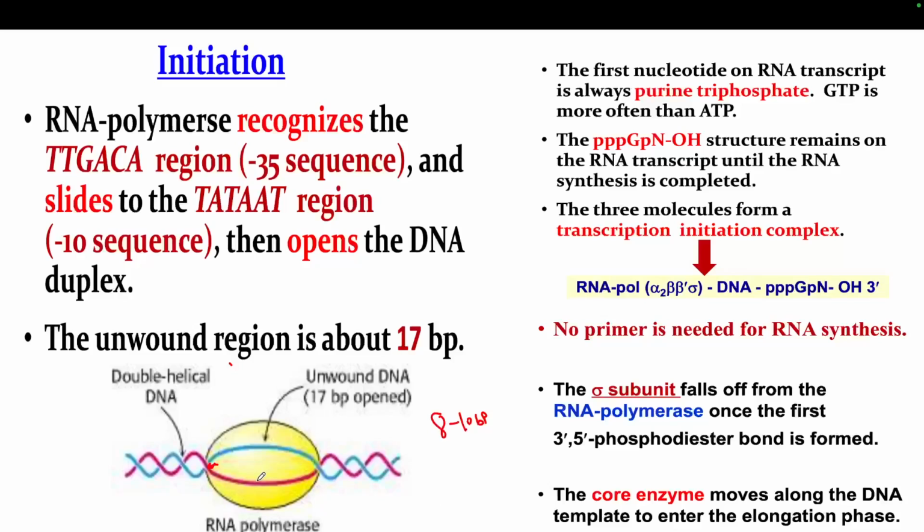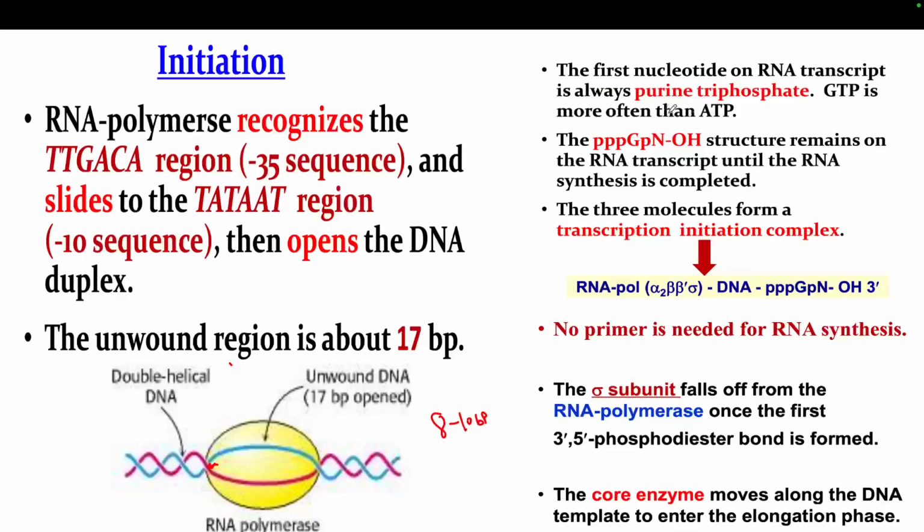Once, after synthesis of the 8 to 10 base pair RNA, the sigma factor is released, the RNA polymerase will go for the elongation phase, where the free 3' OH will add the free nucleotide and then continue the RNA synthesis. Here the first nucleotide of the RNA transcript is always a purine triphosphate.